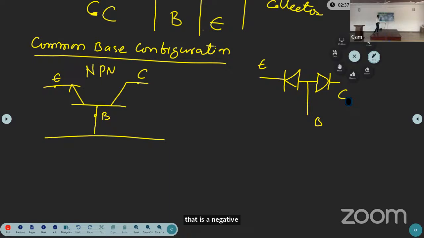Always remember the emitter base junction should be forward bias and the collector base junction should be reverse bias. Now you can apply biasing here.